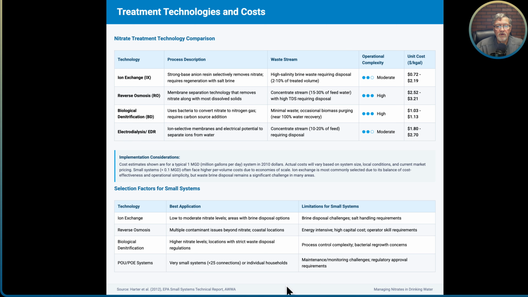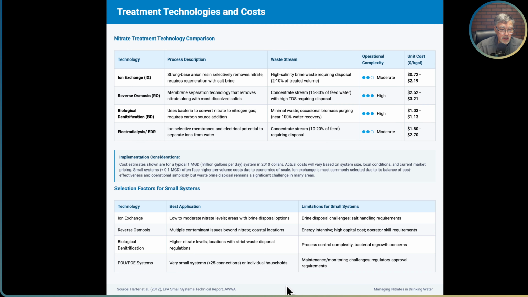So that can provide you some options there. So, selection factors for small systems. We can see the best application for ion exchange: low to moderate nitrate levels, and areas with brine disposal options, because you are going to generate brines. So there's going to be that limitation. Reverse osmosis, same thing.